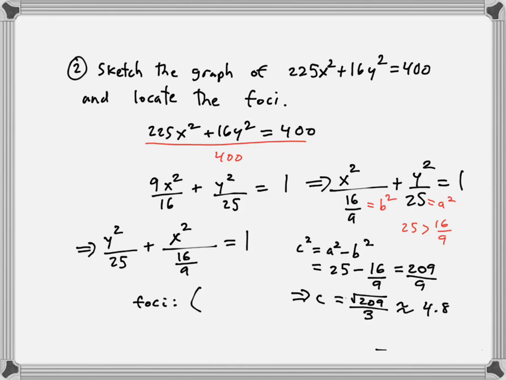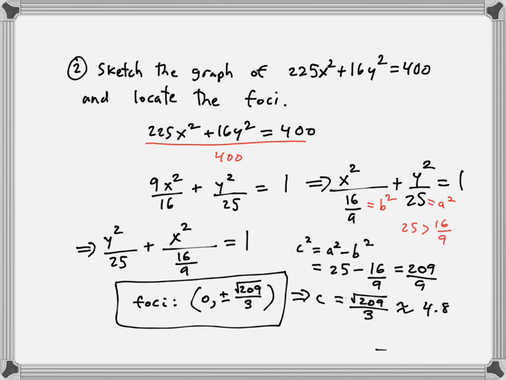So this is what I was talking about. Remember, c is in the direction of the larger denominator, so it's going to be 0, comma, plus or minus root 209 over 3. So these are the foci. All right, remember, it wanted the foci. We got those. And now we need to do a sketch.